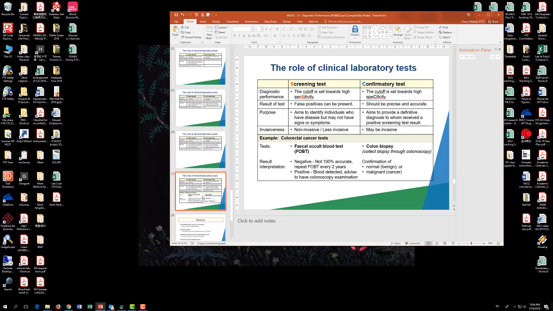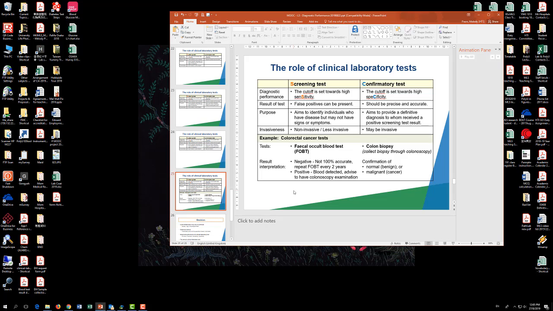Take an example. When we want to confirm colorectal cancer, firstly we will do the screening test, the fecal occult blood test. It is non-invasive. It just tests for the presence of blood in the stool sample.